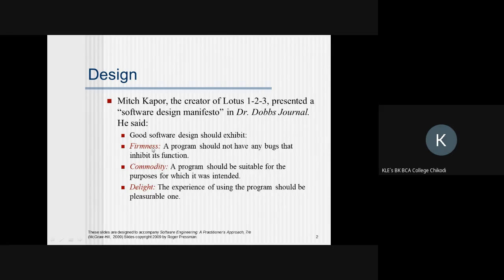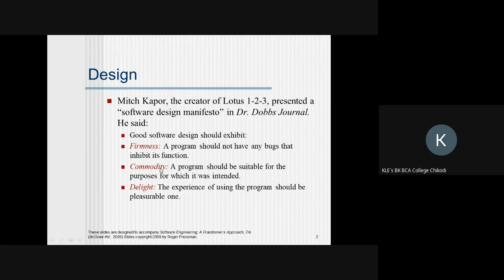Like that, commodity: a program should be suitable for the purpose for which it has been intended. Design must be specific. If design is not specific, then it becomes very difficult to understand the system as well as to use it. That is why we need to design a system for its intended purpose, and that has to serve properly.